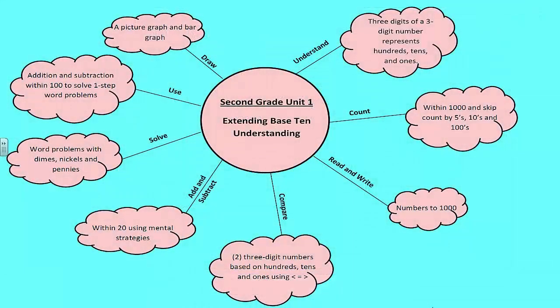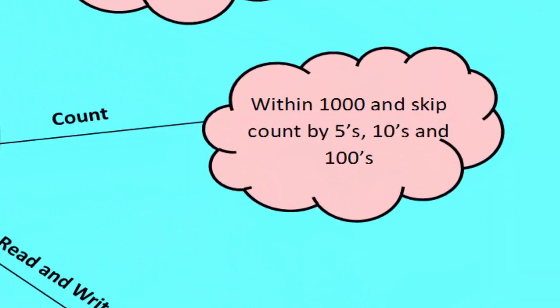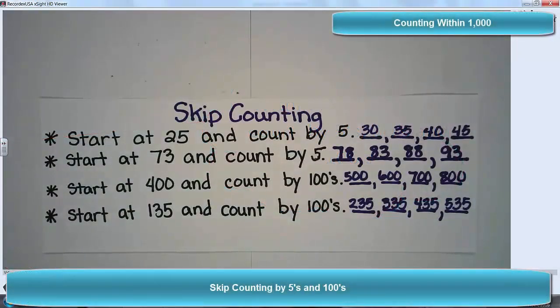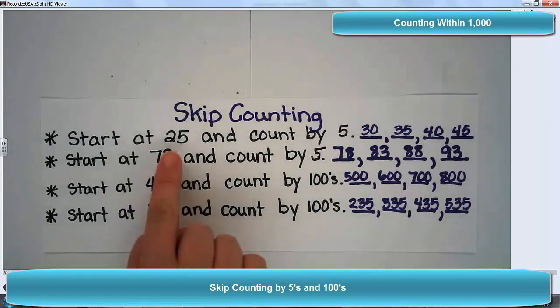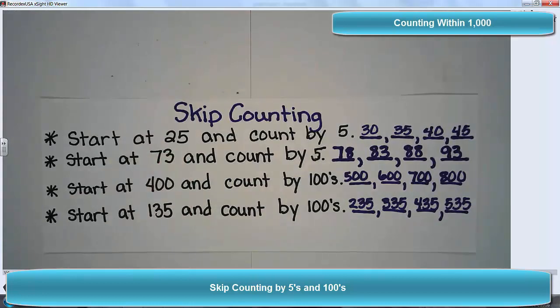This standard calls for students to count within 1,000. This means that students are expected to count on from any number and say the next few numbers that come afterwards. For example, if students are asked to skip count, the teacher may ask them to start at a number like 25 and count on by fives.